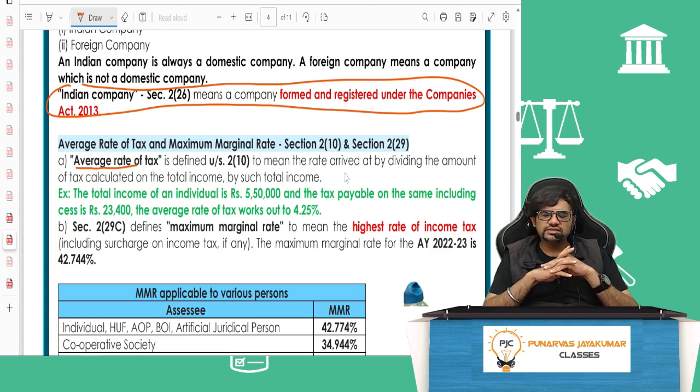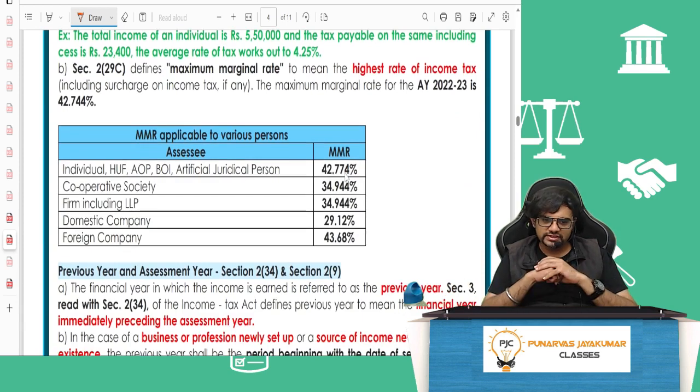On the other hand, the highest tax rate that a person will pay, including surcharge, etc., is called the maximum marginal rate, MMR. These are the MMR rates. It is the highest rate of income tax.